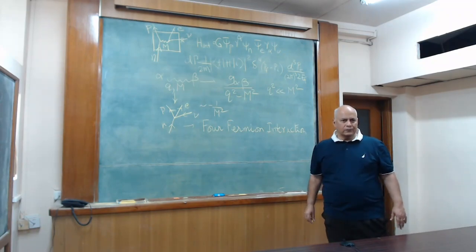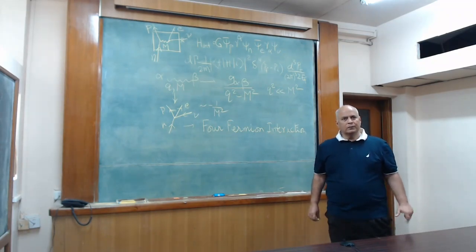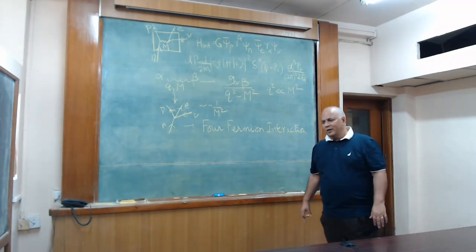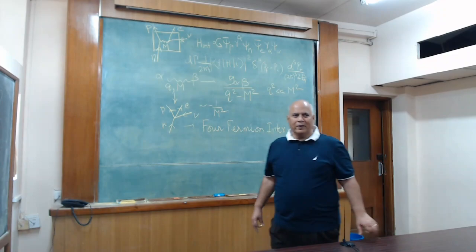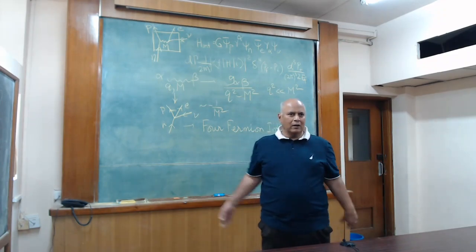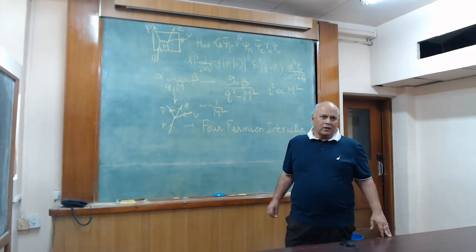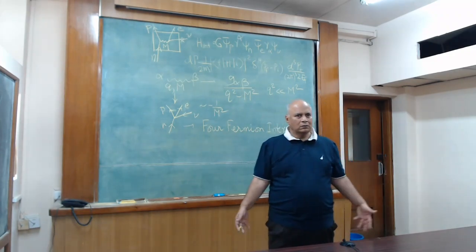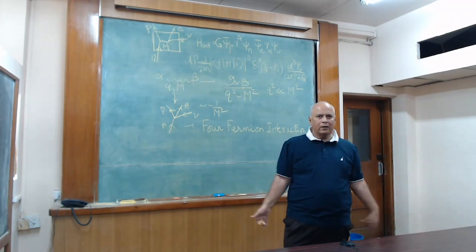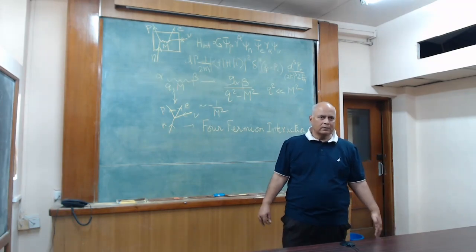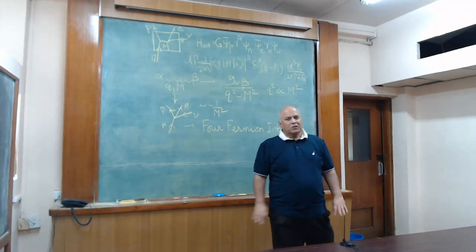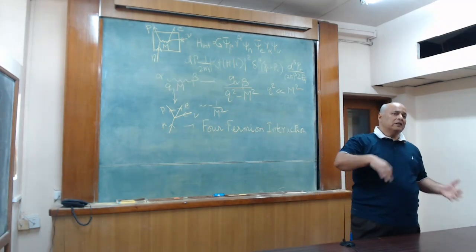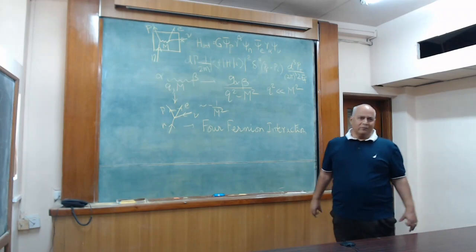What about 5 fermion interaction, or something else? No, you can't write a 5 fermion interaction because it will not be invariant under Lorentz transformations, but I can write a 6 fermion interaction. An effective 6 fermion interaction I can write, which is not renormalizable because it will have energy dimension -5.